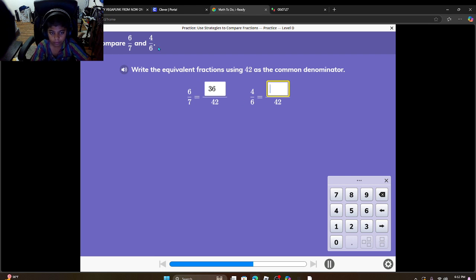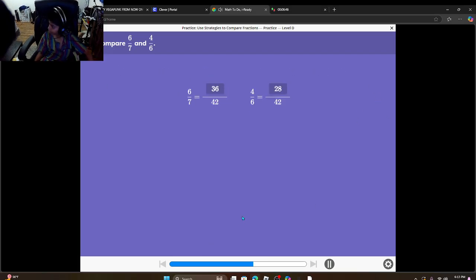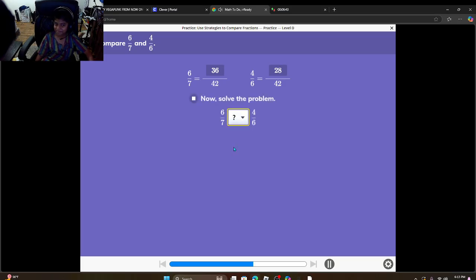Then we just minus this by 7, should equal 35. Minus this by 6. Okay, I'm just gonna finish it and see if it's right or wrong. Times this by 7, 28. Now, solve the problem.